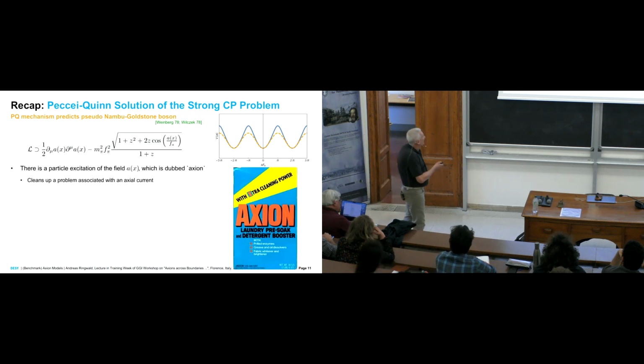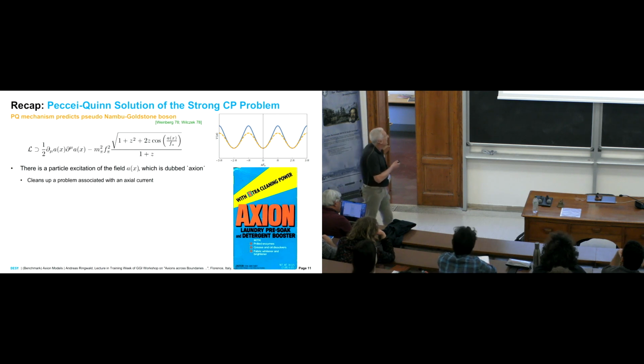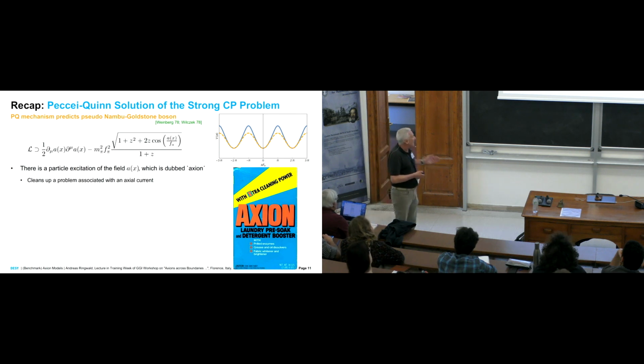This particle was then dubbed axion by Frank Wilczek, because he said this cleans up a problem associated with an axial current. Axion is a cleaning detergent. So he thought this is the perfect name for this particle because it solves this problem with the axial current nicely.